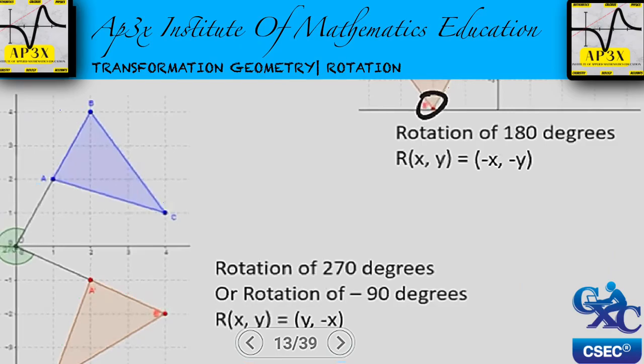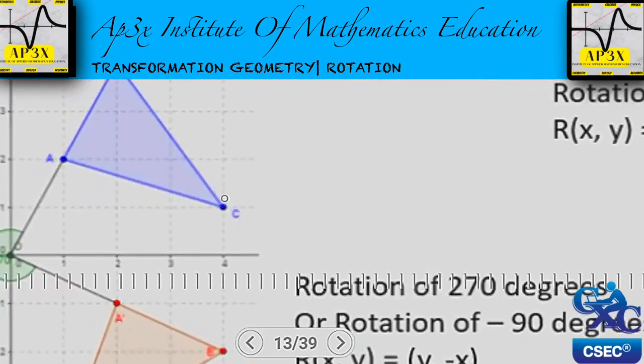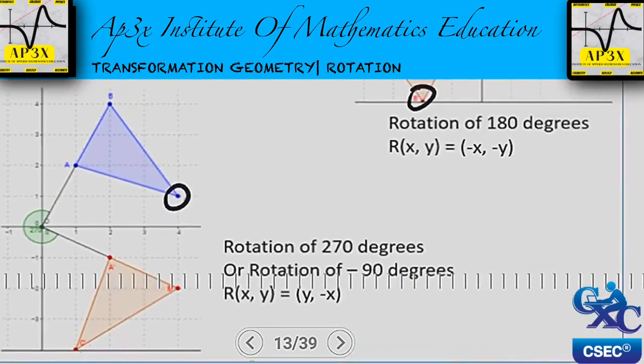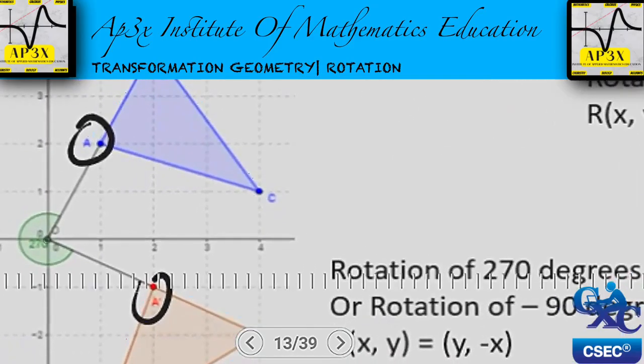So if we make a comparison here, let's not use C. C is too far down. My screen's a bit small. So let's just compare once again A here to A prime. Notice here that A is again in the position (1, 2).